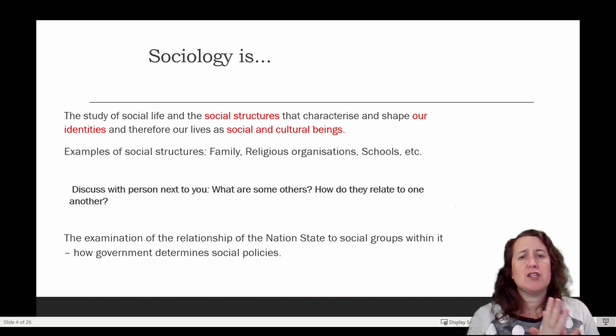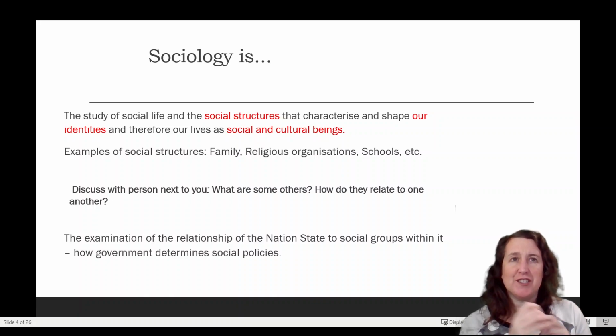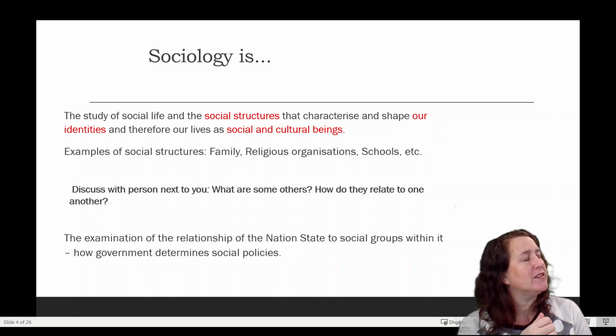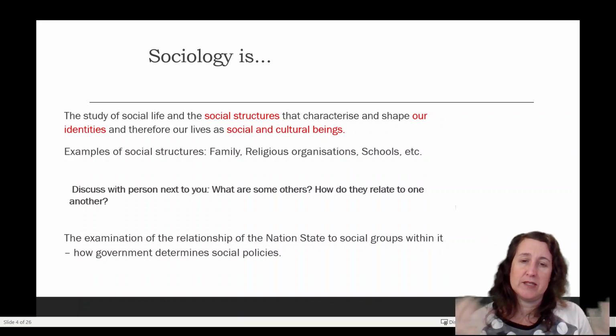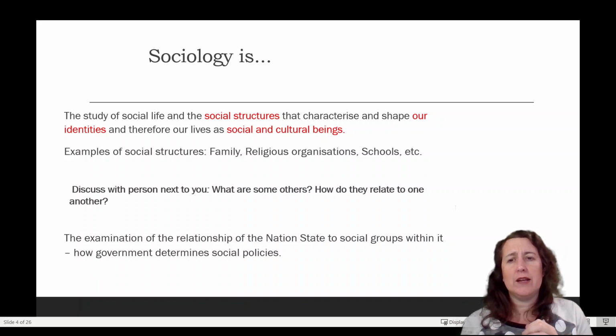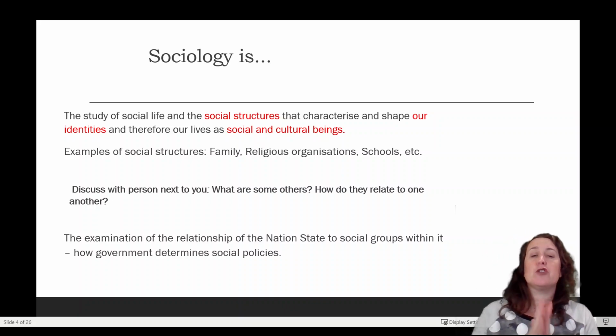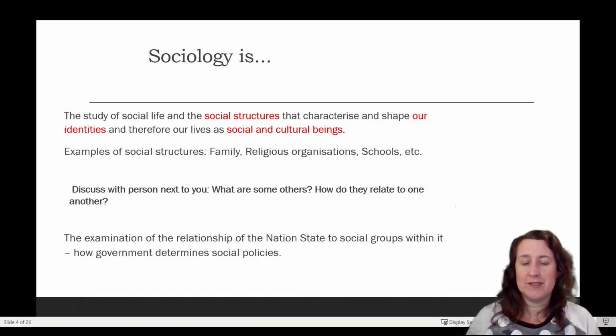So if you came up with the nation state as a social structure, you'd be doing very well. And you can think about the recent protests that have been taking place in Canberra and cities around the world to see that the nation state, the government, really is definitely a social structure that impacts on people, and people are trying to impact back towards the government.